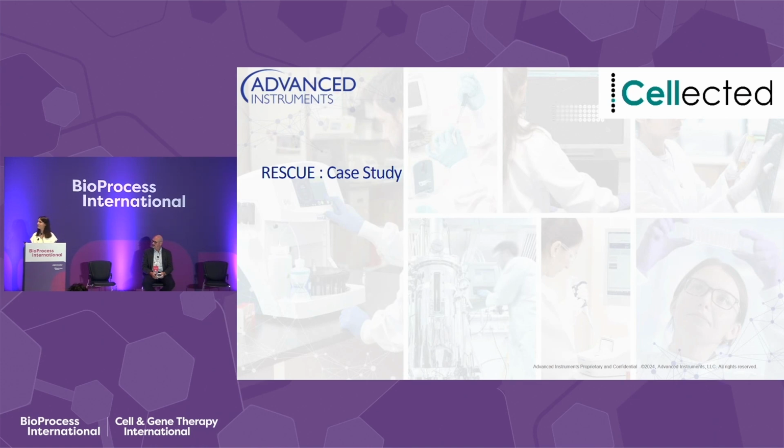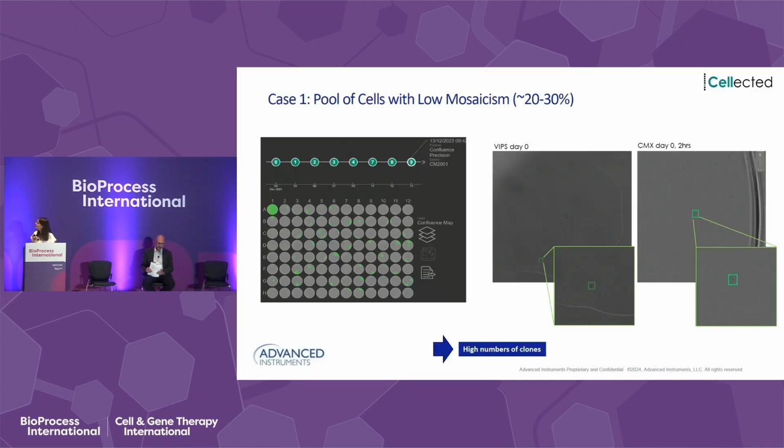So I'm now going to discuss 2 case studies using the rescue platform which were generated by Selected. The first case study looked at a pool of cells that had a known low mosaicism between 20 to 30%.